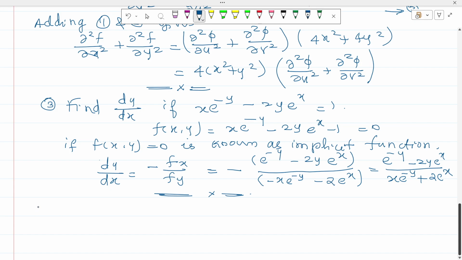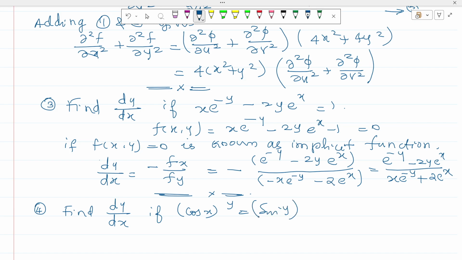More example, find dy/dx if (cos x)^y equal to (sin y)^x.